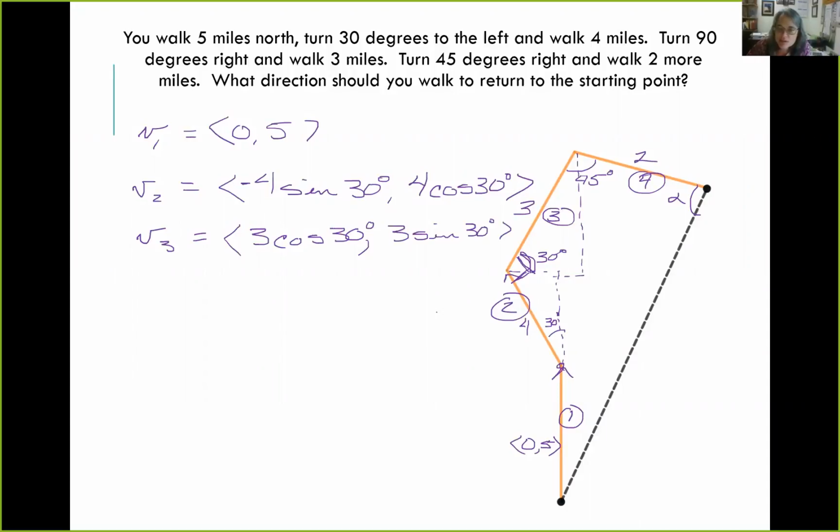Vector 4. Okay, this one gets a little tricky. All right, we know that we've got an angle with the horizontal of 30 degrees. We turned 45 degrees. So we've got a total of 75 degrees. So this is a negative 15 degrees from the horizontal.